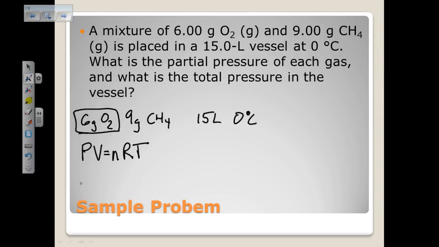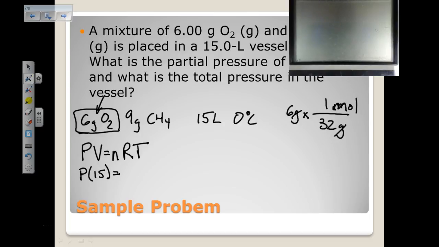So we're trying to find P. Do we have V? Yep, 15 liters. Then N. We don't have N yet, but remember, N is related to the grams. So we're going to go 6 grams, and we're going to go X line. And remember that oxygen is 32 grams, because it's O2, for every 1 mole. Grams cancel. Let me bring up my calculator here.